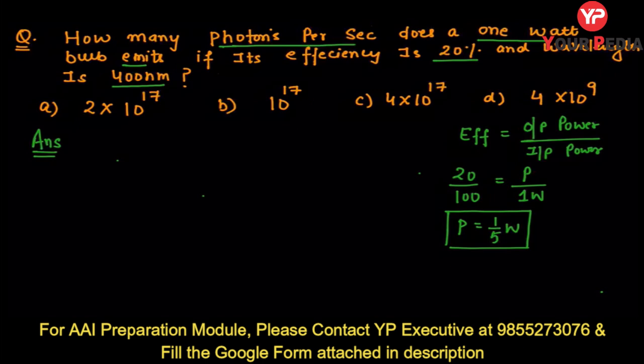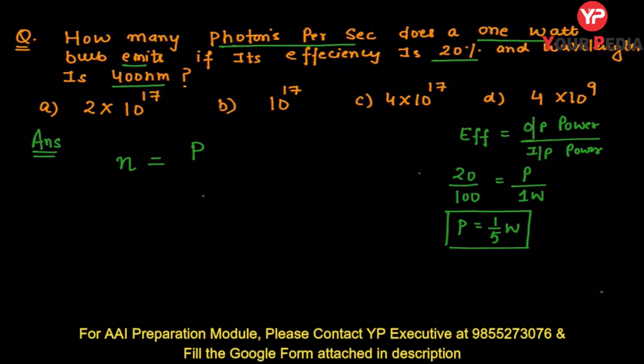Is it clear? Now see, I have told you the number of photons emitted by the light source per second is equal to power, which power? The power which is emitting in the form of light. That is 1 by 5 watt, not 1 watt, because it was only 20% efficient, upon Ep. If you remember, Ep is the photon energy. I can also write it as P lambda upon hc. In what wavelength is the light emitted? 400 nanometer.